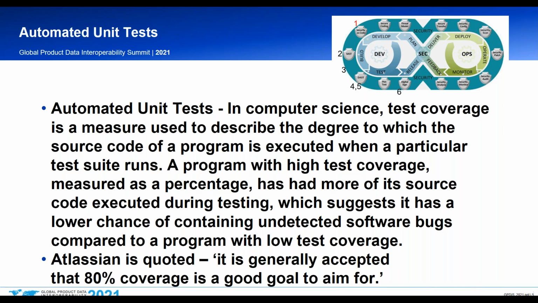And I feel that is a very good point, which I am hoping to cover. And even if you look at this paragraph in here, it talks about a program having higher test coverage has more of its source code executed during testing, which suggests it has a lower chance of containing undetected bugs, such as quality.